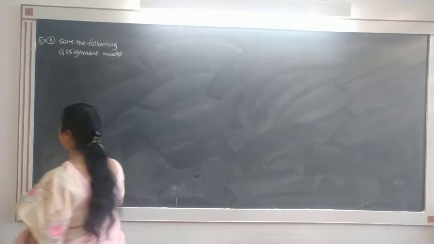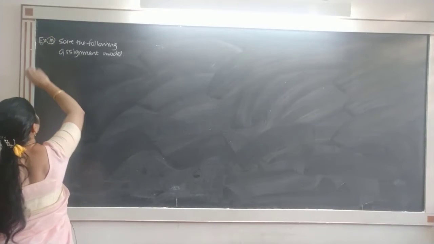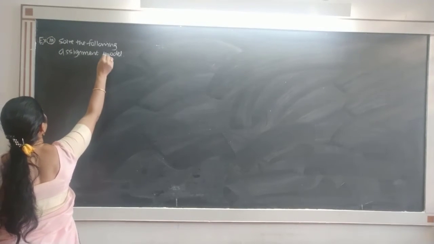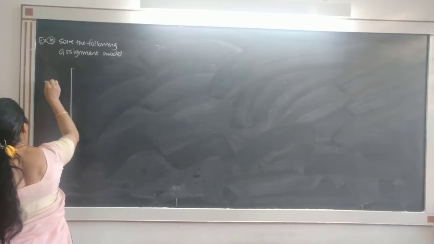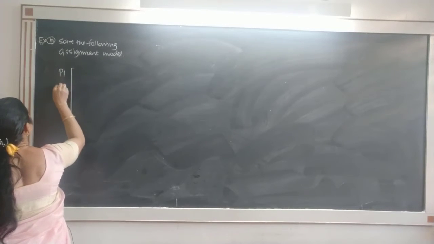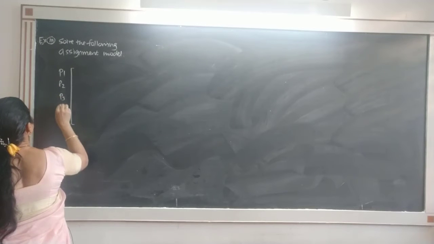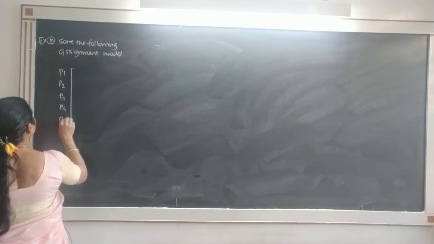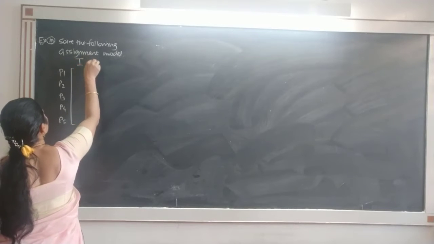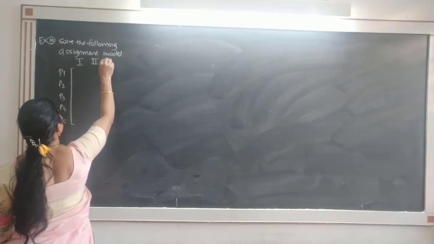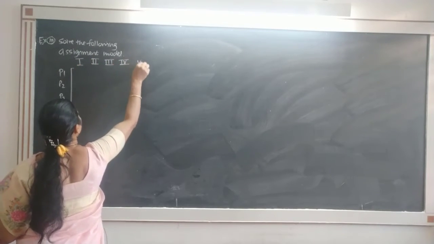Consider next example, example 3. Solve the following assignment model. There are 5 persons, P1, P2, P3, P4, P5 and 5 jobs 1, 2, 3, 4, 5.